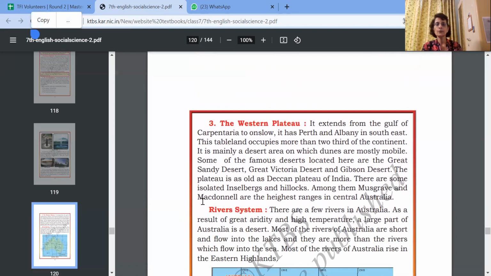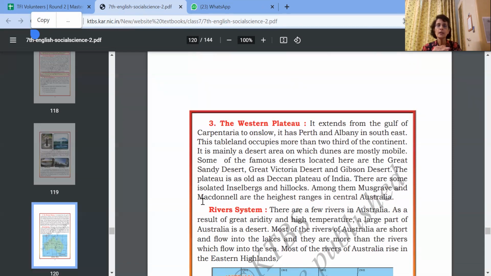So we will now come to the Western Plateau. So I've already explained what is a plateau. It is a long stretch of flat land, sometimes between 2 mountain ranges, but this flat land is at a height. Sometimes plateaus are found very, very high in the mountains also.